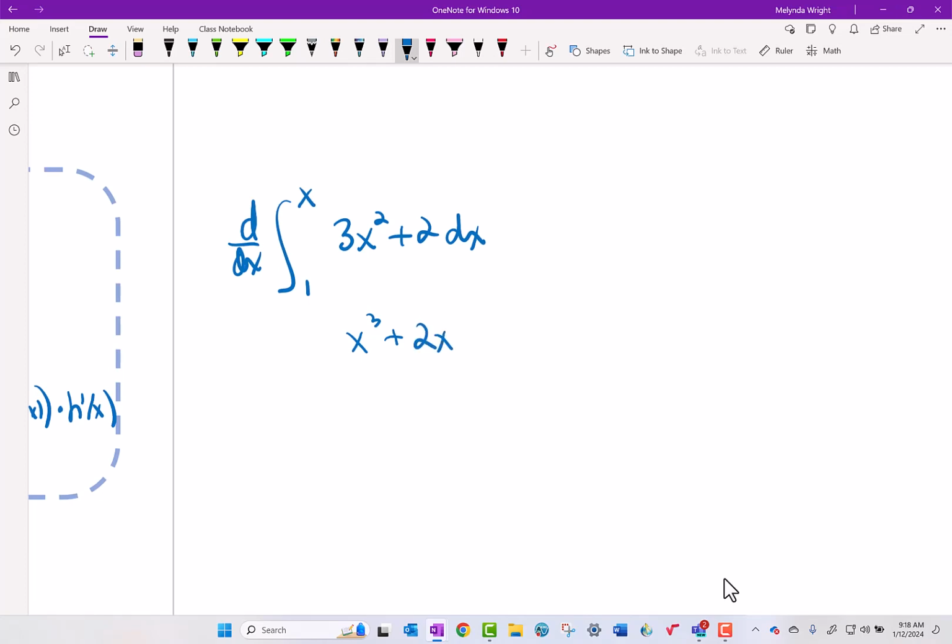And we would put plus c, but this is going to be the first time we're going to look at a definite integral. A definite integral is one that has bounds. And this is actually part 1 of the fundamental theorem. Are we good? Okay. So I still have this derivative business out here.